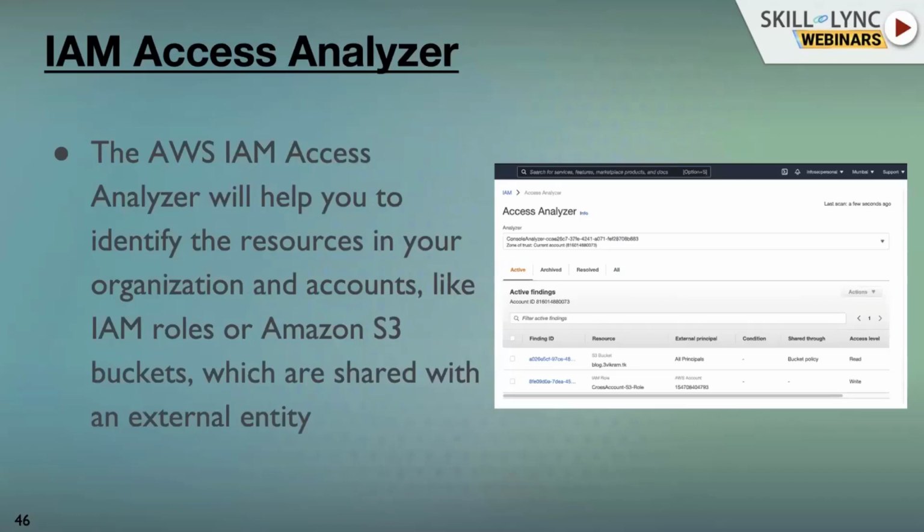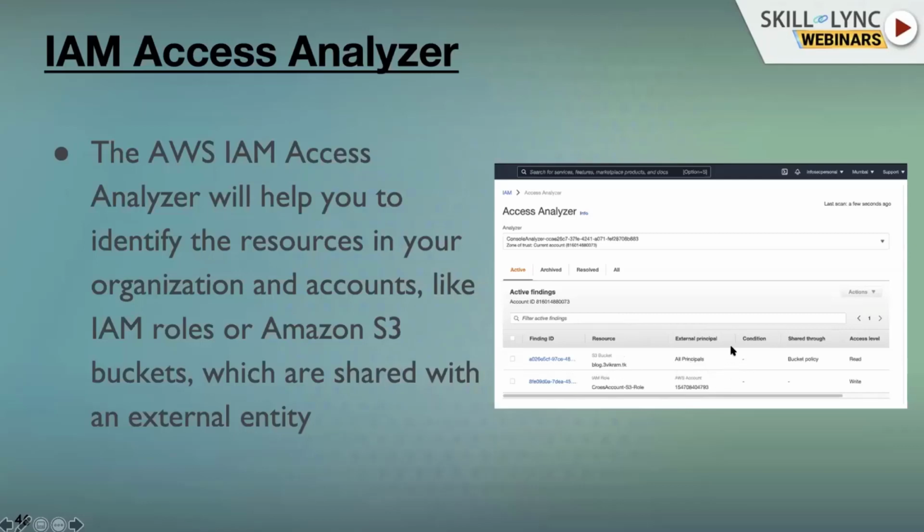It will monitor and see if there are any policies that are granted to another account, right? If you see in the screenshot, it has highlighted two findings. We have just run an IAM Access Analyzer, and this tool has highlighted that there is a bucket named block.3vikram.tk, and it is exposed to all the principals, right?